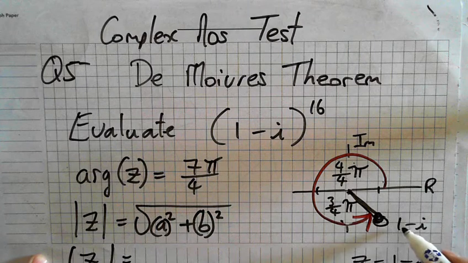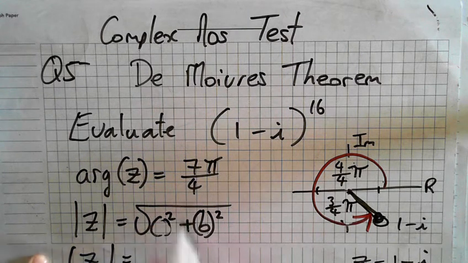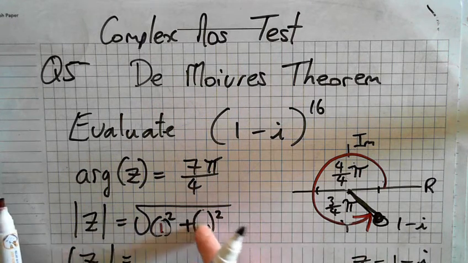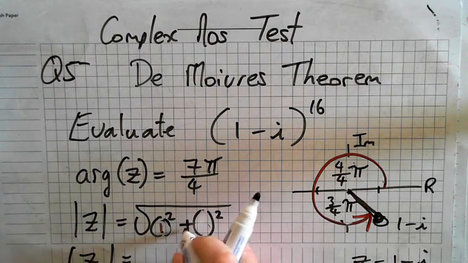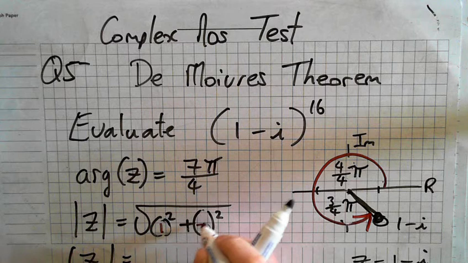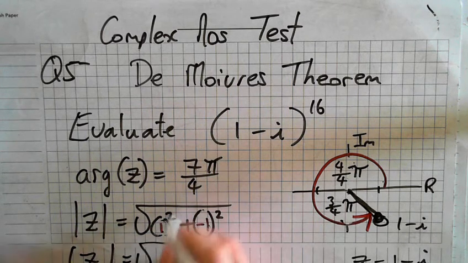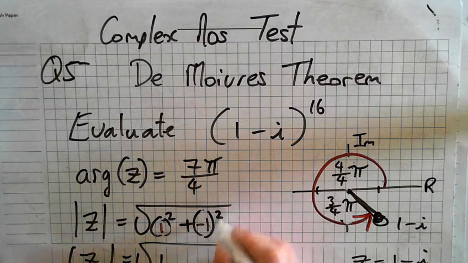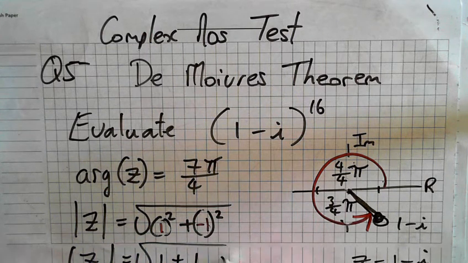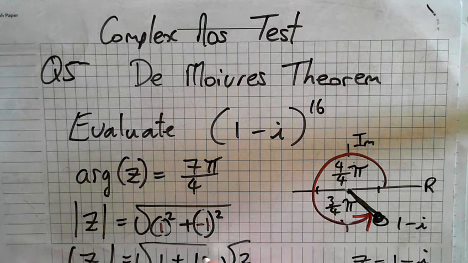So the first value is 1, and the second value is minus 1. If you didn't put brackets, you'd have plus minus 1 and you'd get confused. So you do square root of 1 squared plus minus 1 squared. Minus 1 squared is 1.